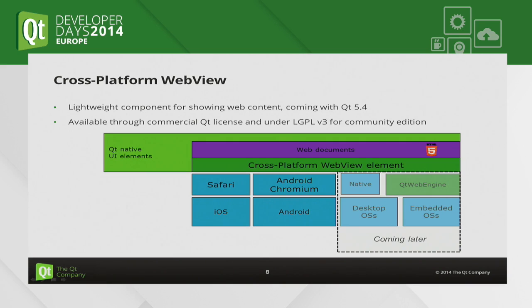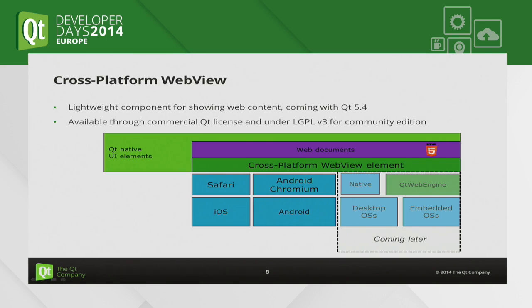It's basically a similar kind of element to what was already backed with WebKit, a Web View, to show HTML5 documents or web documents in general. Not to do any heavy things with a browser engine, but just to show dynamic content from the web. The idea is that it's an API, and underneath on Android it's using Chromium, and on iOS it's using Safari. So it's basically just using the native browser there. So it's very lightweight. You don't get the extra 10 megabytes of overhead that you will get with WebKit or WebEngine.